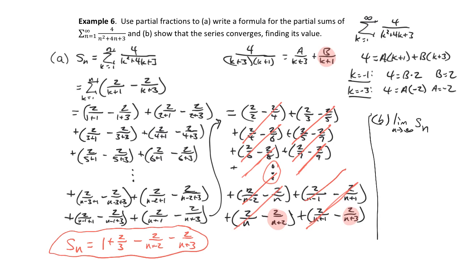So this is the limit as n goes to infinity of 1 plus 2/3, which I guess I could have written as 5/3, minus 2 over n plus 2 minus 2 over n plus 3. Well, as n goes to infinity, that goes to 0, this goes to 0, and we end up with 1 plus 2/3, which is 5/3.